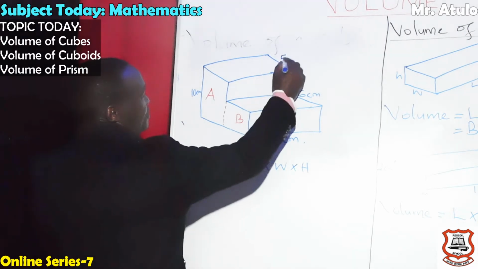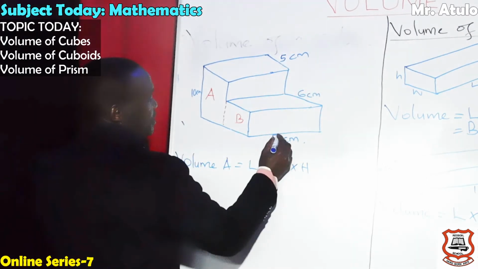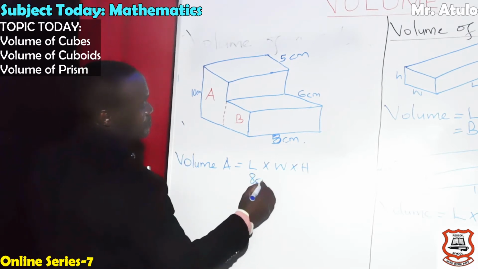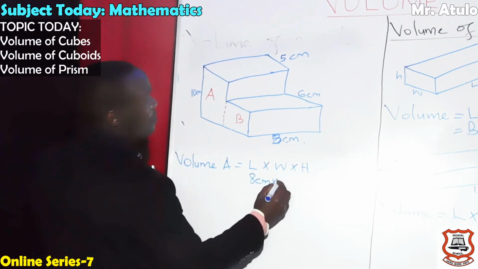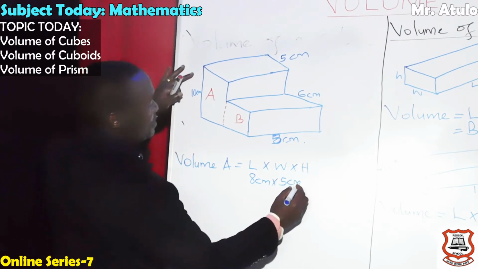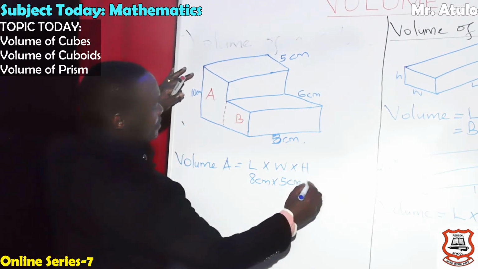This is 5 centimeters and this is 8 centimeters. So the length would be 8 centimeters, times the width, which is 5 centimeters, times the height, which is 10 centimeters.